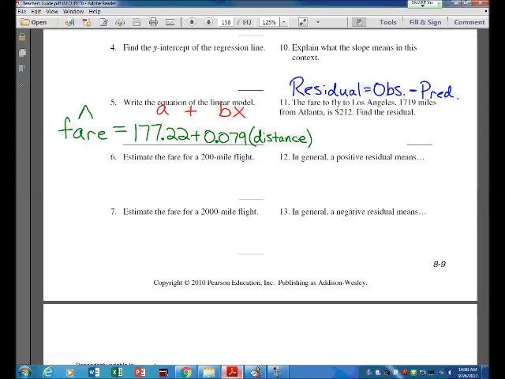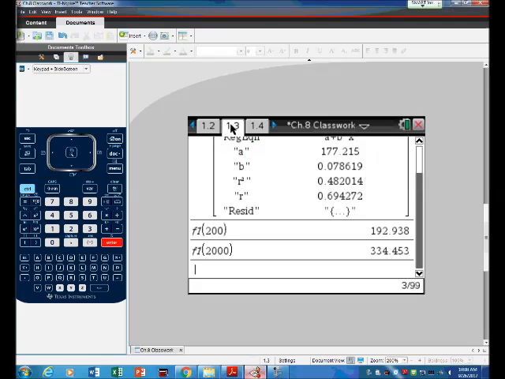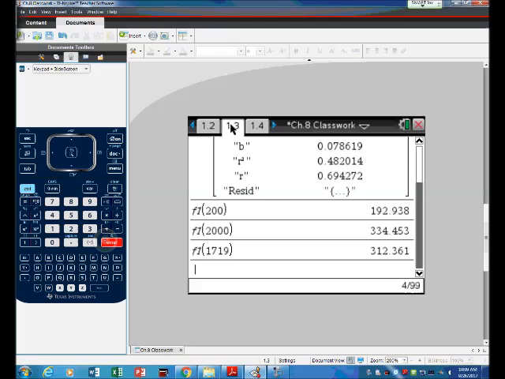So I can type in the distance of 1,719 miles into my equation to find the predicted. So F1 of that distance, 1,719. So the model predicts that it should cost $312.36. So that's what we call the predicted value.